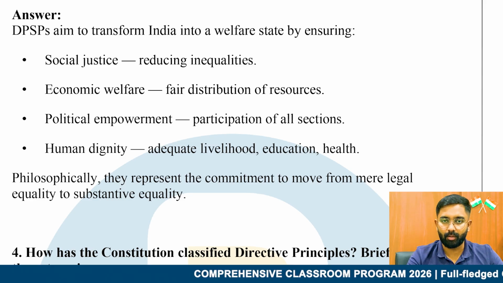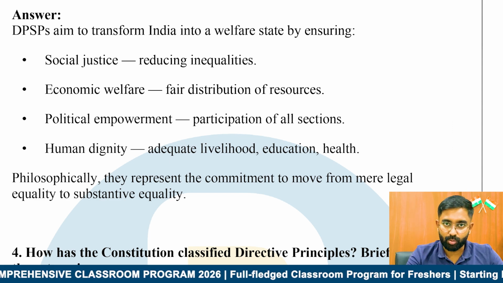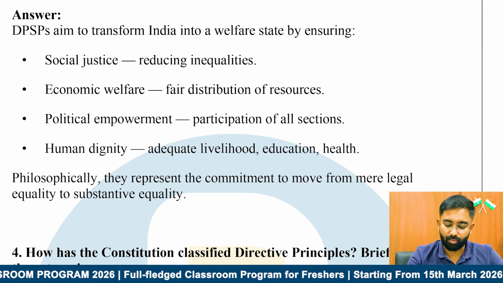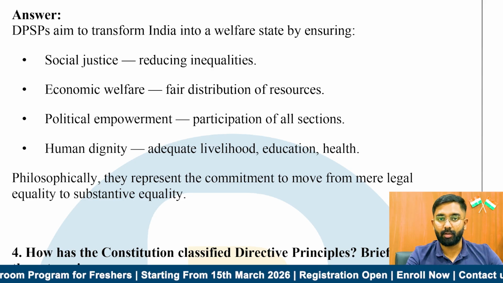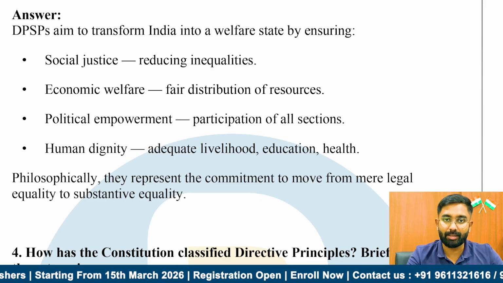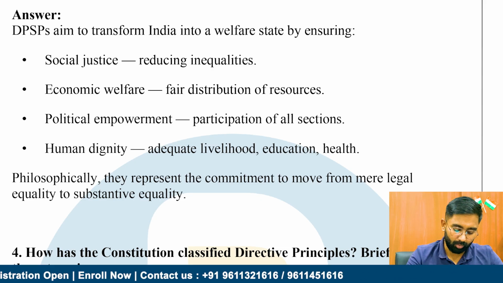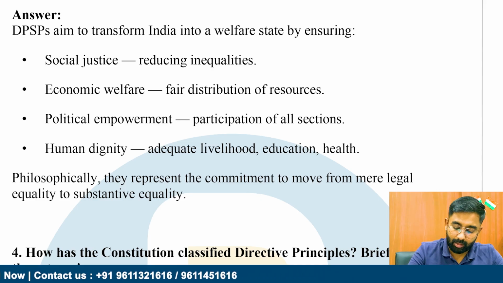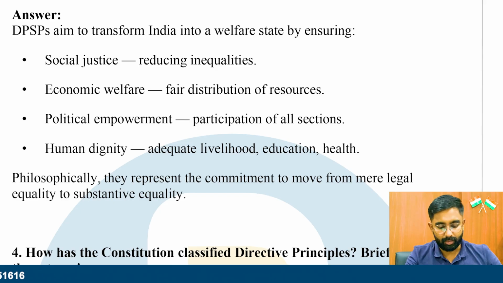All these, even for that matter, LGBTQ, how they've been made inclusive in our societies, right? Participation of all of them. So basically, DPSPs aim to transform the entire country into a welfare state by making sure that everybody is included in this march of development or growth. So philosophically, they represent the commitment to move from mere legal equality to substantive equality.